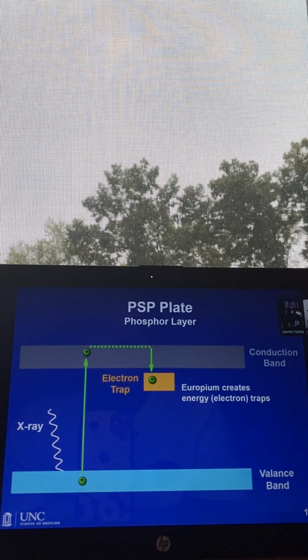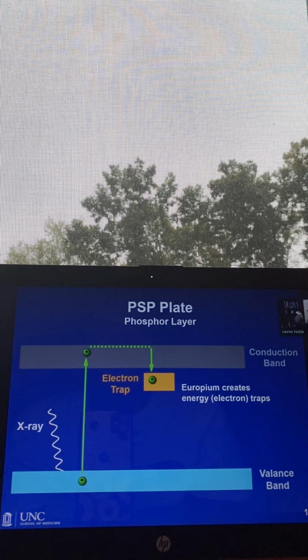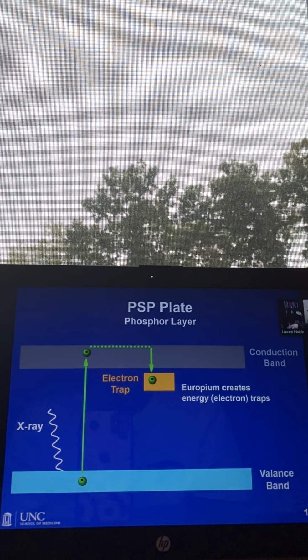Like with Compton and photoelectric interactions that take place in the patient's body, when electrons are knocked out, like with Compton, if an electron's knocked out of orbit, that electron can go on to other atoms and interact with those atoms and settle into vacant shells. We don't want that to happen with these electrons that have been released by the barium fluorohalide. We want them to stay in the vicinity of the atom from which it got ejected.